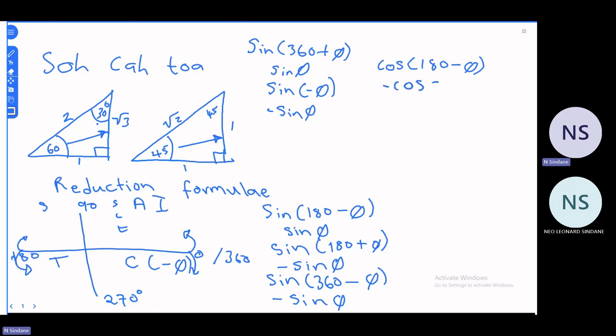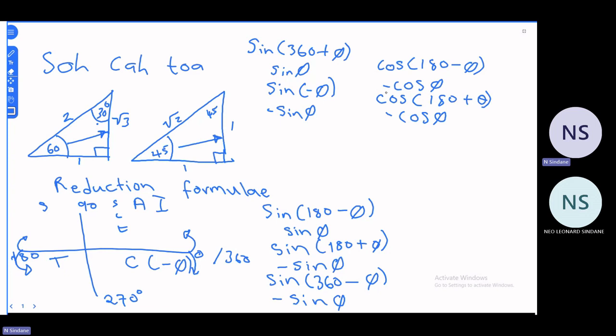The solution will be negative cos of theta. Right? The cos of 180 plus theta. In that case, if you say 180 plus from this line, you are adding, you are falling into the third quadrant where only tan is positive. Therefore, your cos should be negative cos of theta, right?